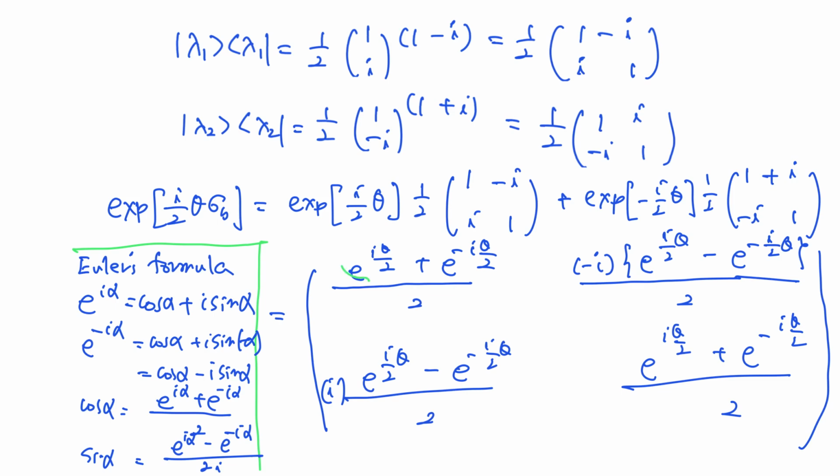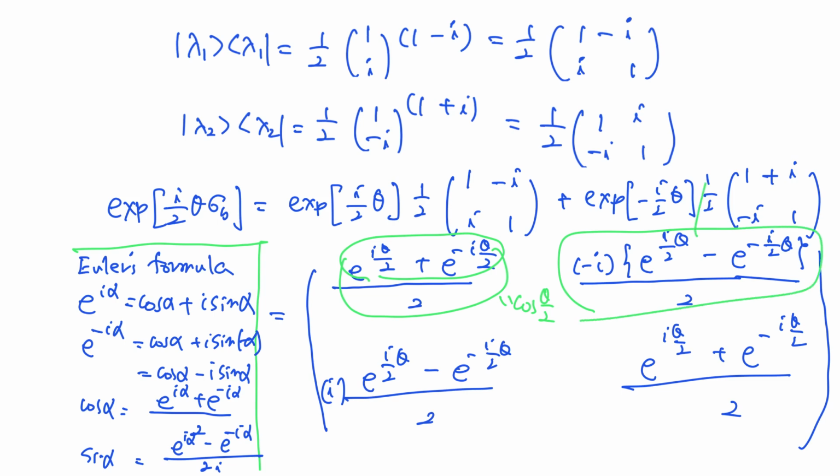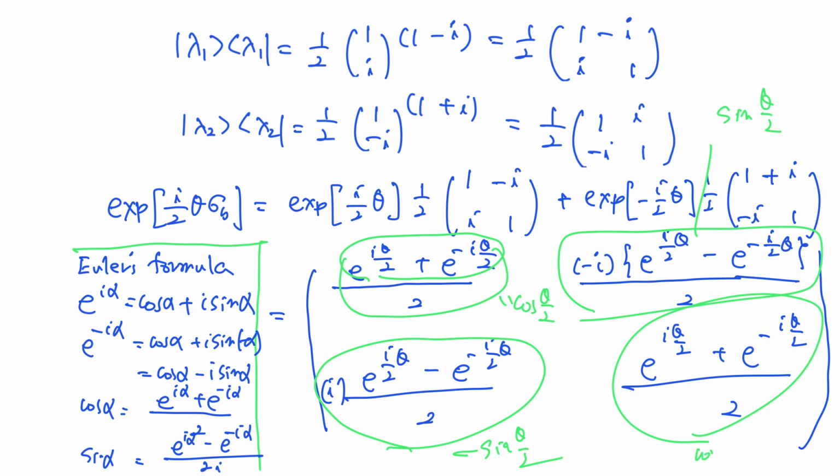Then this is cosine theta over 2, this is sine theta over 2, this is minus sine theta over 2, this is cosine theta over 2.